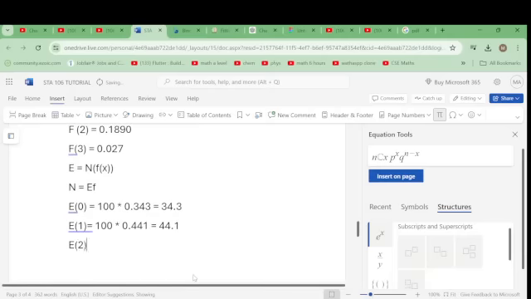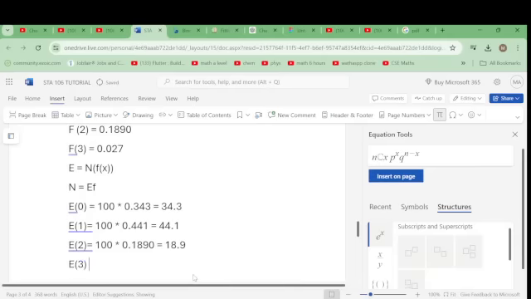When it is 2, times it by 100 times 0.189, which is equals to what? I think 18.9. You see, when we approximate it will be 19.